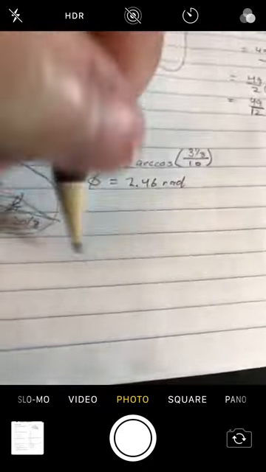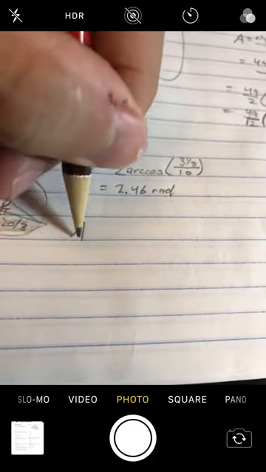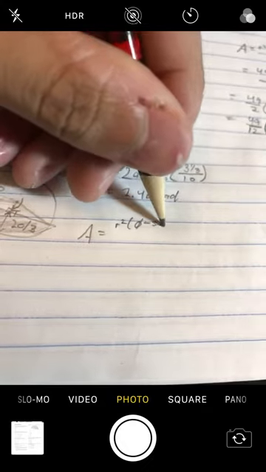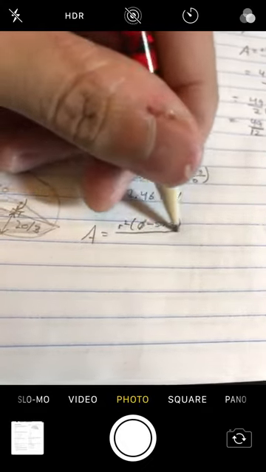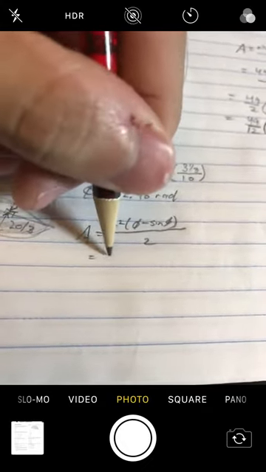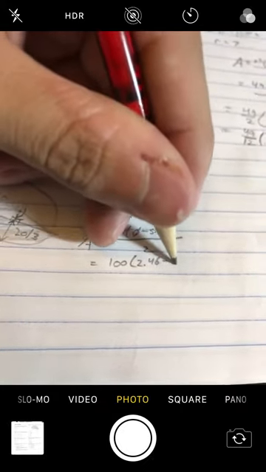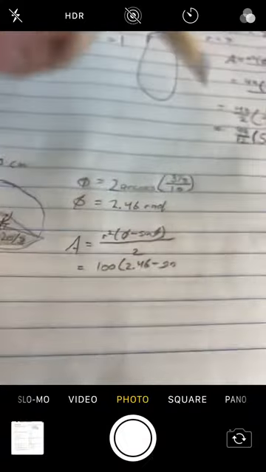And now we go back to that same equation that we did in number 5. So 100, 2.46 minus sine of 2.46.